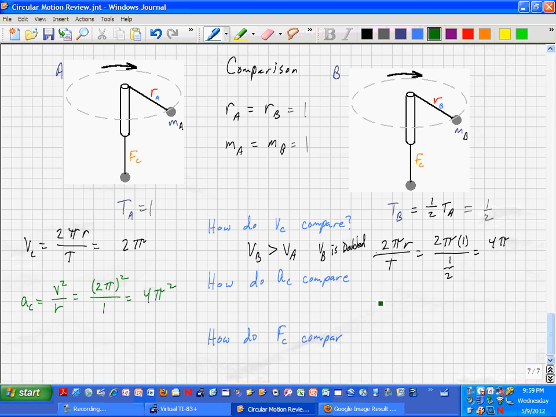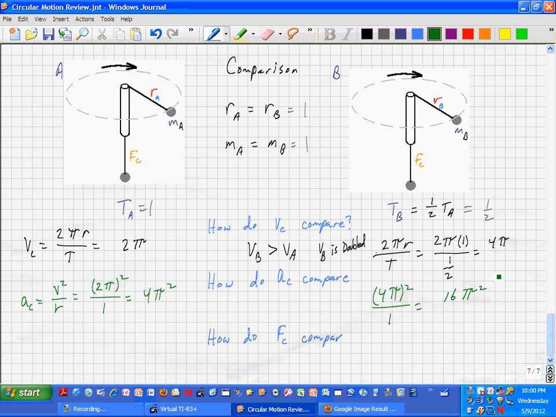Over here, I'm going to do the same thing. That's going to be 4 pi squared over 1, which is going to be 16 pi squared.